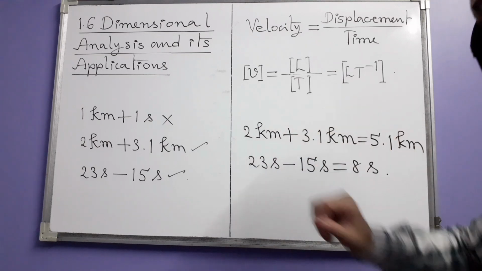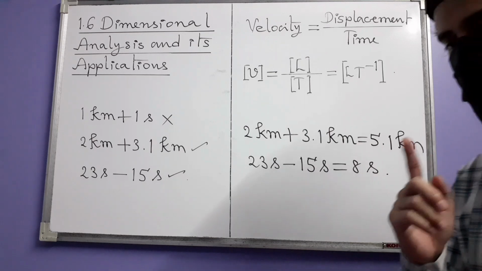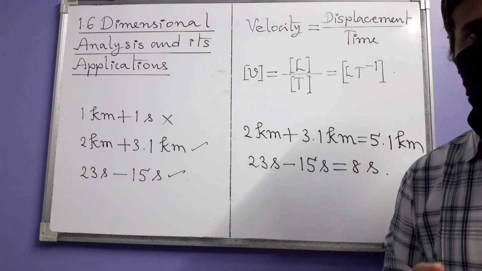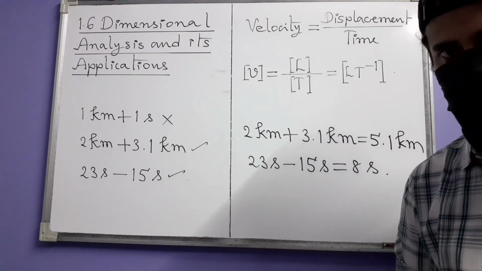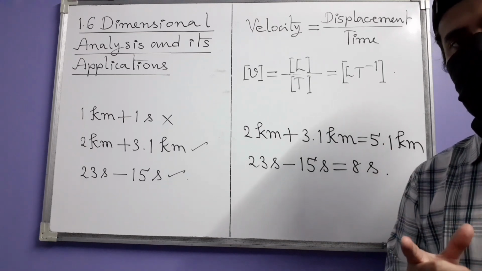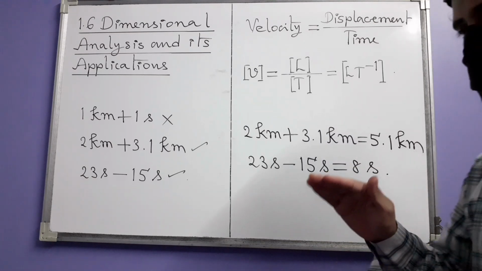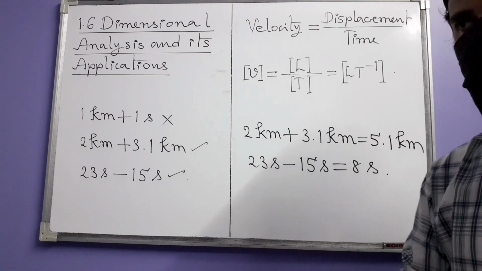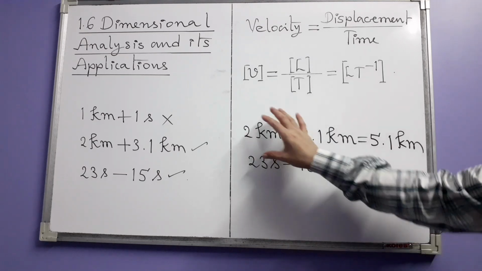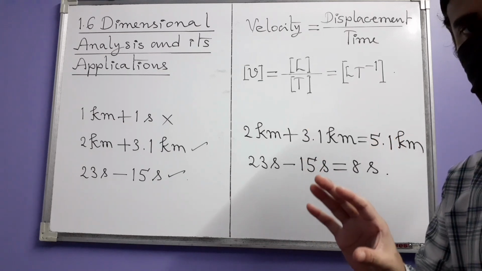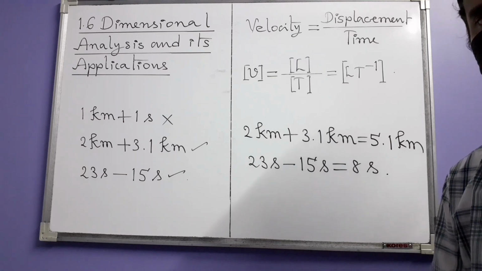If that matches, then we would say that the equation is dimensionally correct or dimensionally consistent or dimensionally homogeneous. Otherwise, it's inconsistent or non-homogeneous. So if you encounter an equation in physics, you can check if it is dimensionally correct by investigating whether the dimensions on both sides are equal, and that is your dimensional analysis.